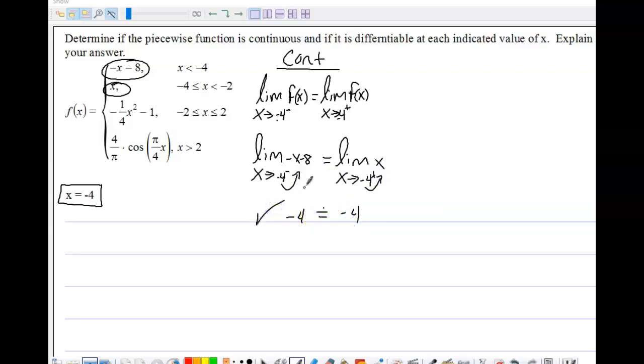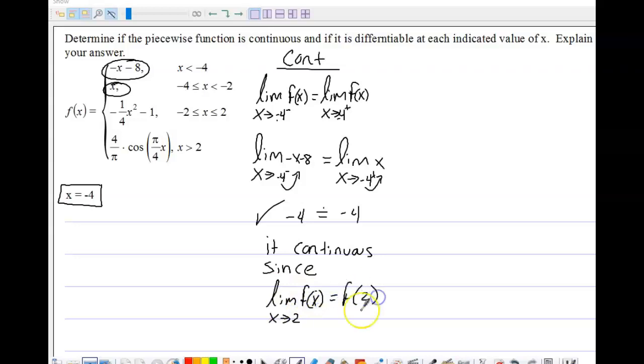And therefore it checks that this is continuous. So we'll say that it is continuous since the limit as x approaches 2 exists. And it would actually just give us the same thing if we just plug 2 into the original function, which is basically just plugging 4 into that piece there, so it's continuous.